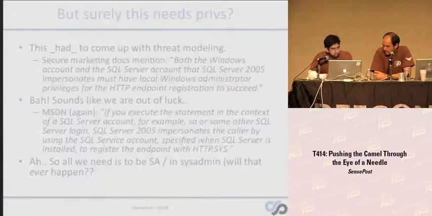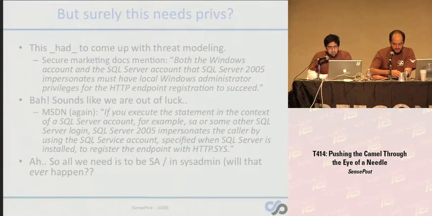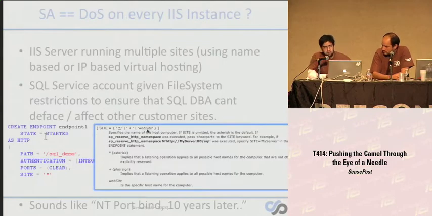So something that's obvious is this had to come up during threat modeling. Okay, during threat modeling, someone had to say, "Hey, this is a possibility." But what's interesting is, as long as you've got SA, or as long as you've got the privs that you need, you're going to be able to do this creation.